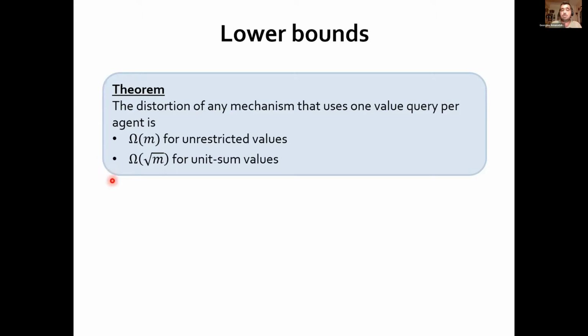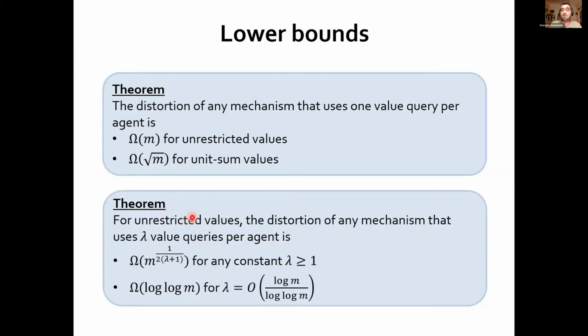So once we go to many queries, we have a more general but slightly weaker lower bound. For any constant lambda, the distortion is at least m to this quantity. For instance, for 2 queries, the distortion is at least m to the 1/6.